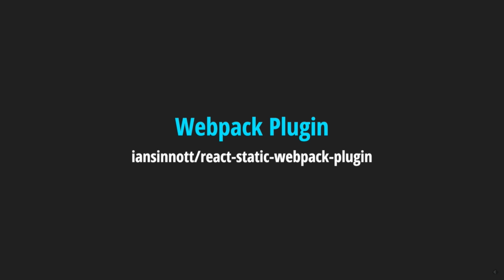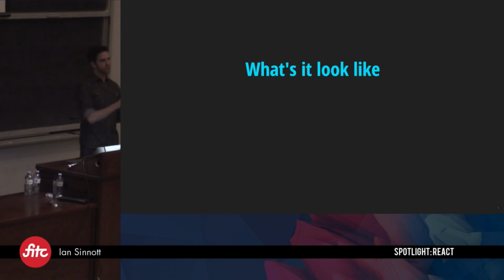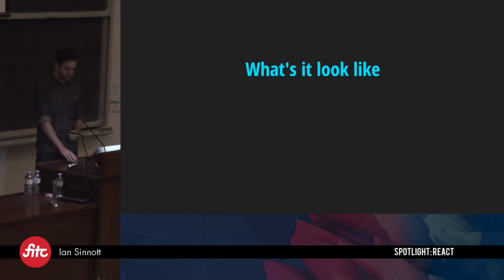It just recurses over and gets a bunch of strings. Once we have that, it doesn't even have to be a plugin for Webpack. It could be just any arbitrary piece of code that is reproducible. So what does it look like now if we want to use React in tandem with React Router to build a static site? We build a front-end app.